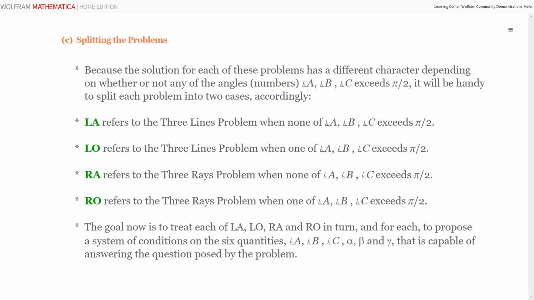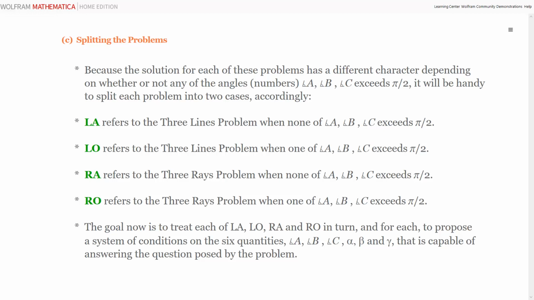I've got this abbreviation LA. It stands for the three lines problem, but in the context where none of the angles A, B, C exceed pi over 2. And then I have LO, which refers to the three lines problem when one of these angles exceeds pi over 2.